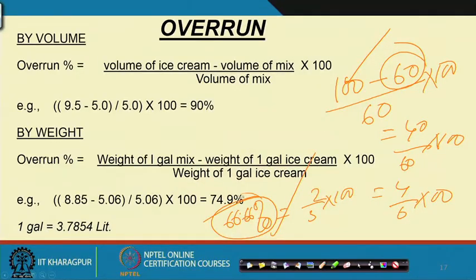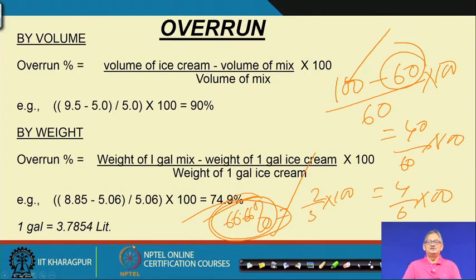So, 66.6% is what we have come to for this 100 ml of ice cream with 60 ml of ice cream mix, right. And the mix is not only solid, but also the liquid.